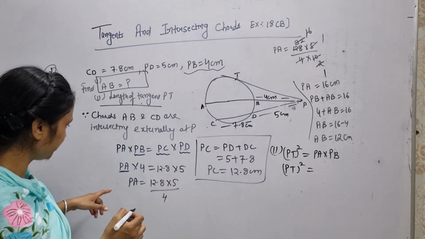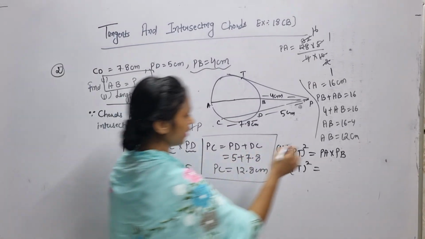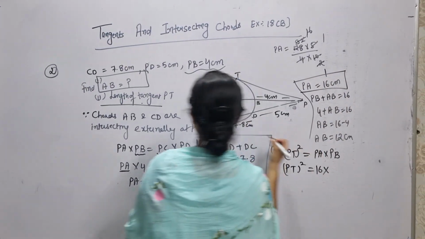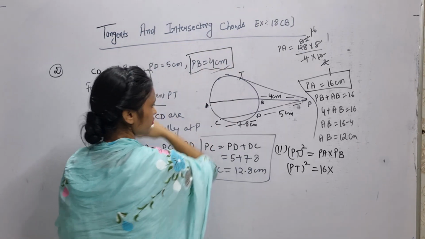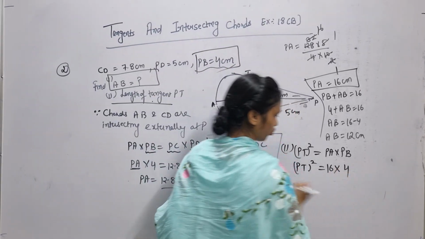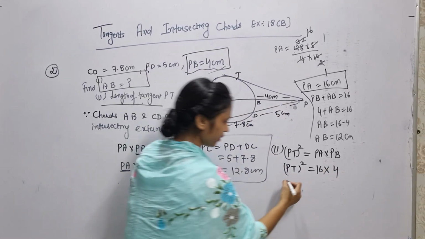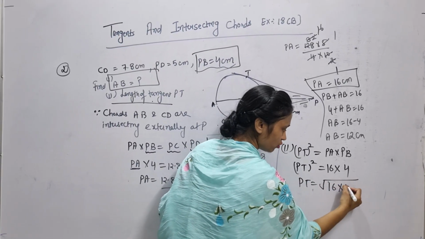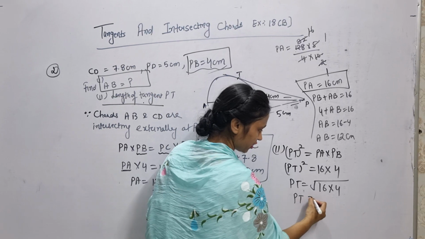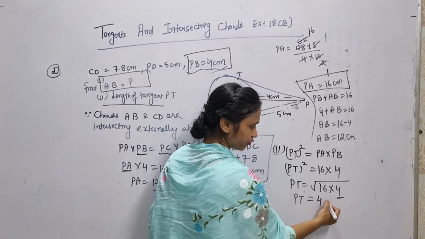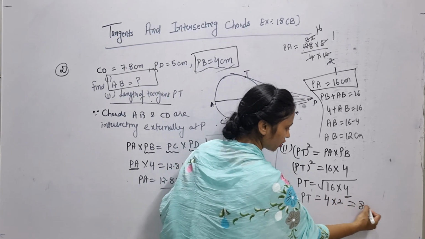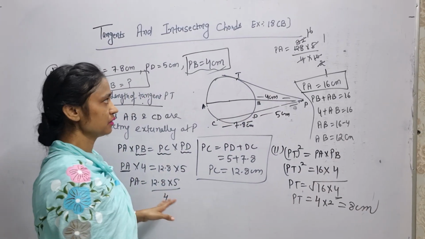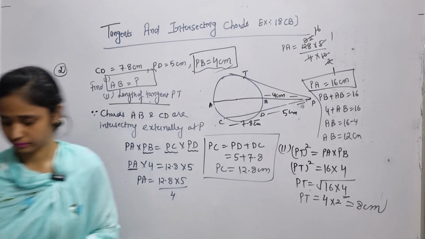PA we have calculated as 16 into PB, PB is given by 4. Means PT will be equal to square root of 16 into 4. Square root of 16 will be 4 and square root of 4 will be 2. PT will be equal to 8 centimeter. Okay, hope this sum is clear to you.